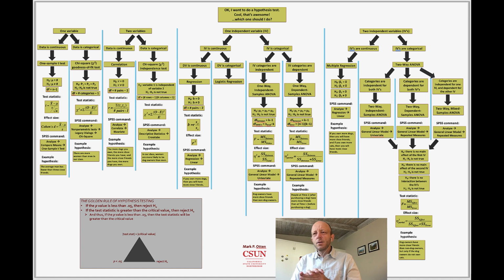Where you go in this chart really depends on this decision. Really, it's: is there at least one independent variable? That's the question you should always ask first. Is there at least one cause or source of variation in your data that is implied by the word problem? So if I hypothesize statistics students have more fun than non-statistics students, or doing statistics is more fun than not doing statistics, either way, the cause is implied.